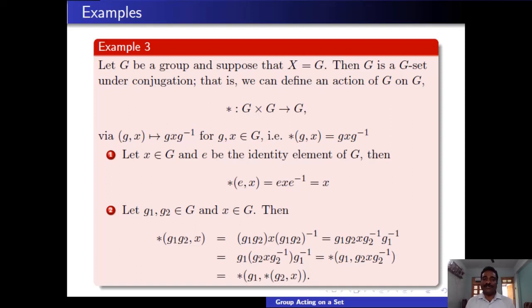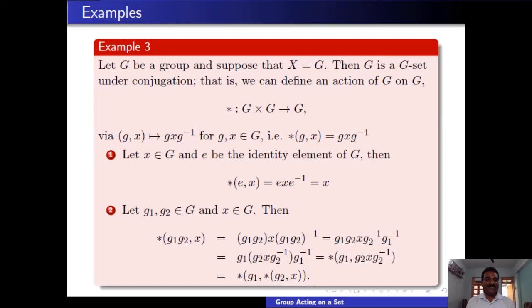Let g1 and g2 be in G and x is also in G because X is equal to G. Then star of (g1 g2, x) is equal to g1 g2 x (g1 g2) inverse. But we know that (g1 g2) inverse is same as g2 inverse g1 inverse. And using associativity, one can write g1 into g2 x g2 inverse into g1 inverse.